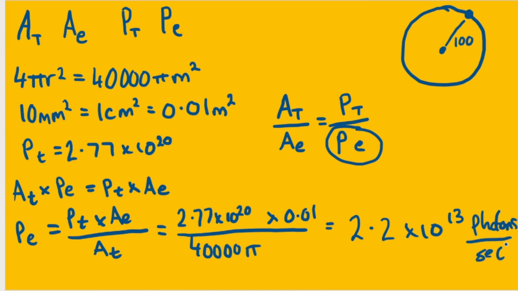So we found this output amount of photons, and then we used that in this proportion of the total area that our eye occupies, and we used that ratio to find the amount of photons that hit our retina every second.